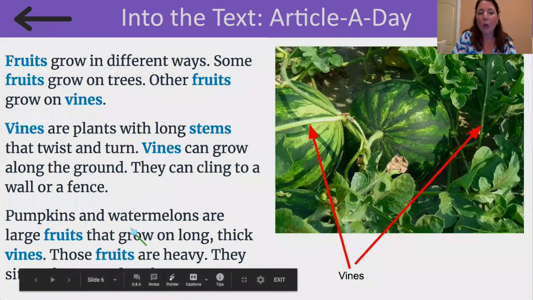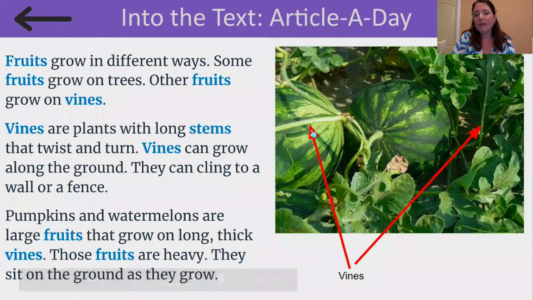Pumpkins and watermelons are large fruits that grow on long, thick vines. Those fruits are heavy. They sit on the ground as they grow.